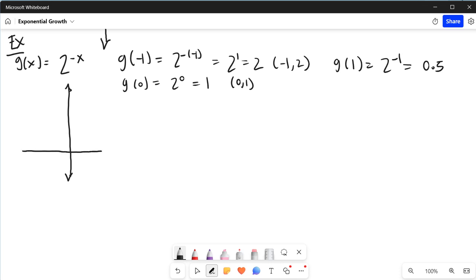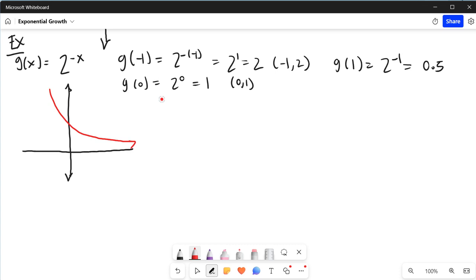If we plot those same key points, the graph is still the same shape, but what this negative sign did to the original graph is reflect it over the y-axis. So in that case, the graph would look something like this.